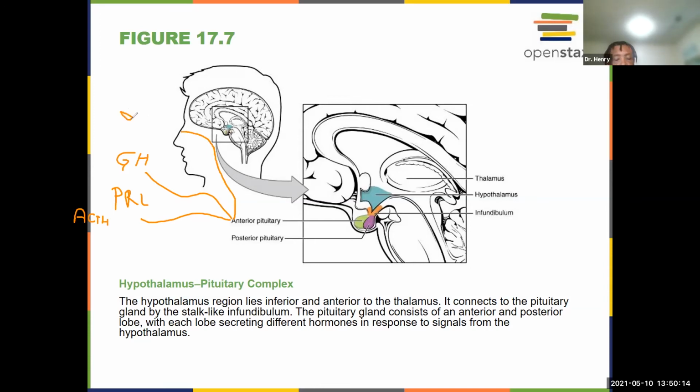We have luteinizing hormone. We have follicle stimulating hormone.